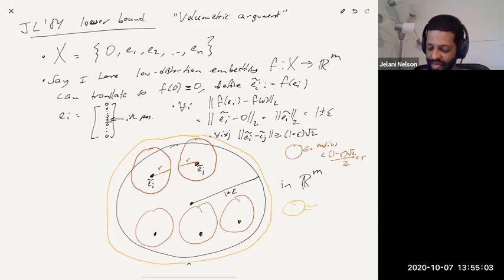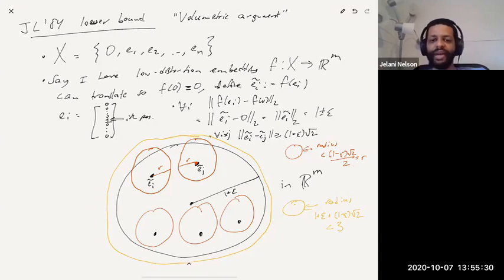So this has radius 1 plus epsilon plus (1 minus epsilon) root 2, right? Which is roughly 1 plus root 2, which is less than 3, anyway. If epsilon is smaller than a third or something, this is less than 3.